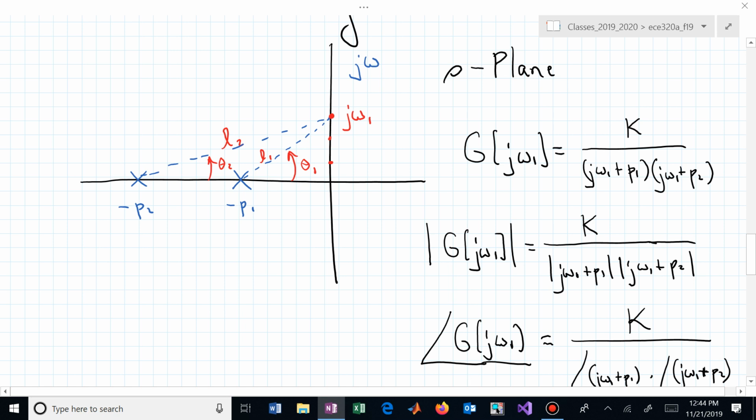You would have K, if that's 5, divided by, let's say the first pole distance, or L1, is 5, to make my job easier, and L2 is 10, you would have 5 divided by 5 times 10, or 1/10 would be the magnitude of G. K is an unspecified constant for a given transfer function. That will be some numerical value.